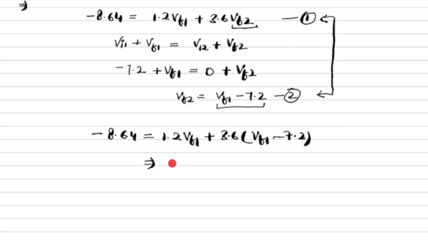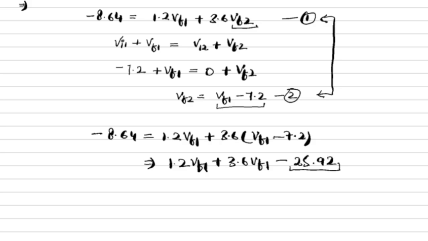Now going further, 1.2 VF1 plus 3.6 VF1 minus 3.6 multiplied by 7.2, and that will give me 25.92. Now I'll take this value to that side, so let me calculate the minus value of 8.64 straight away.